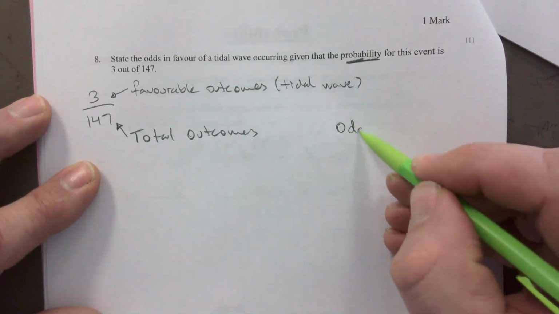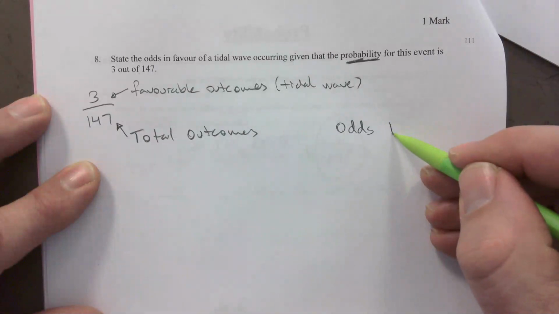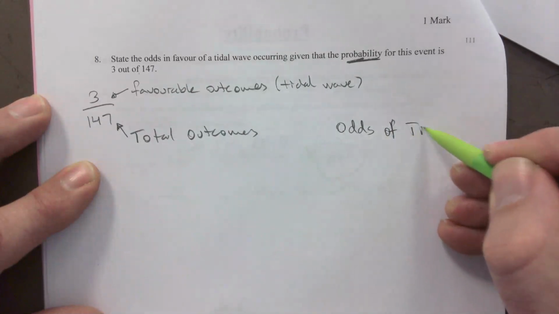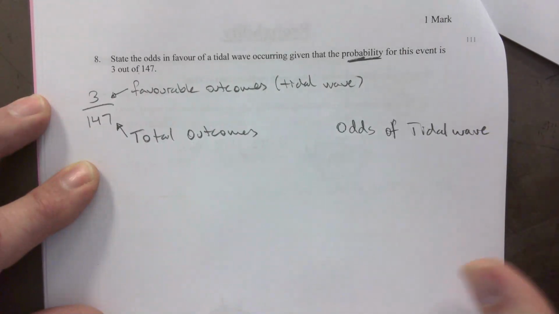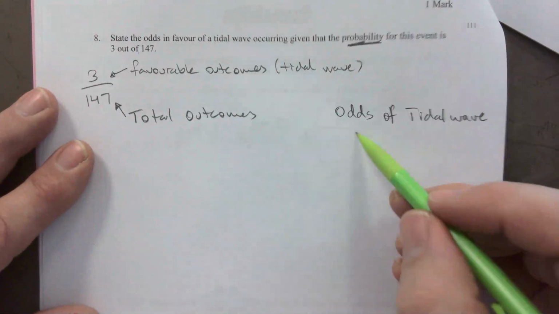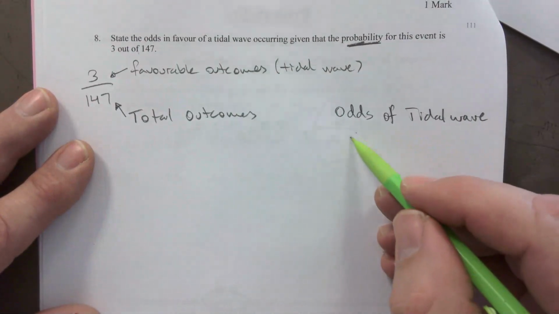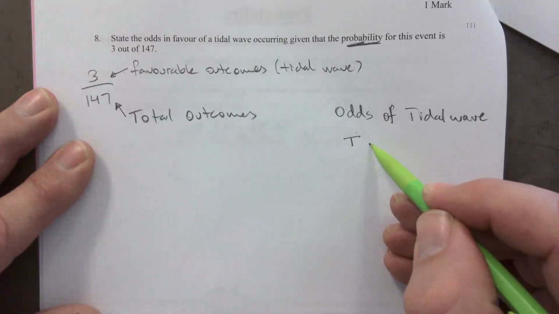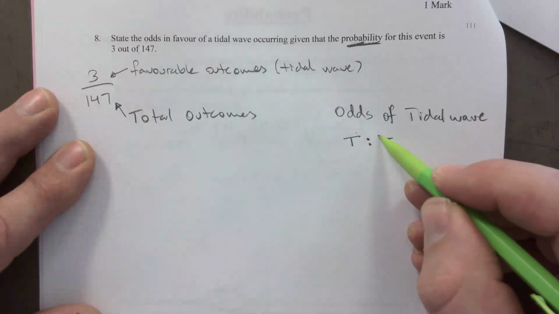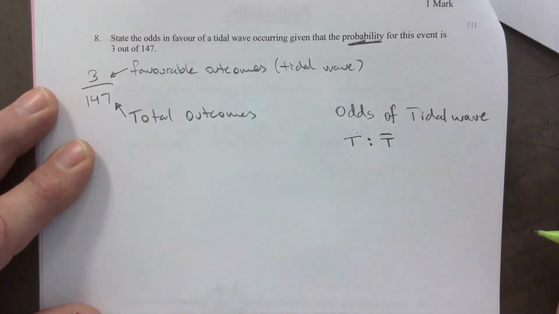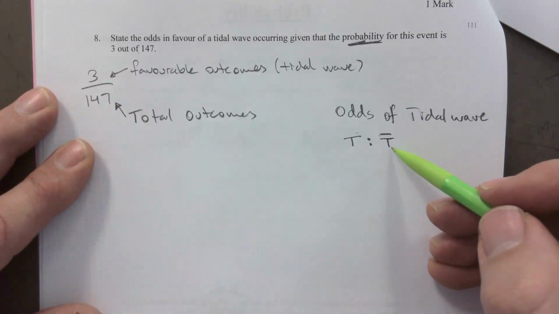We want to write the odds of a tidal wave. And so what does that mean? If it's odds of the tidal wave, it means that tidal wave will go first, and then you not getting a tidal wave will be in the second spot here.